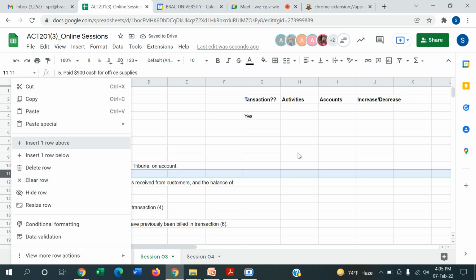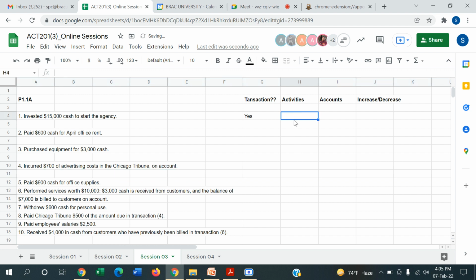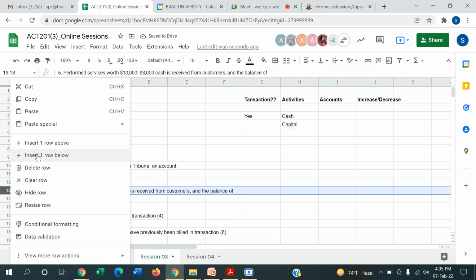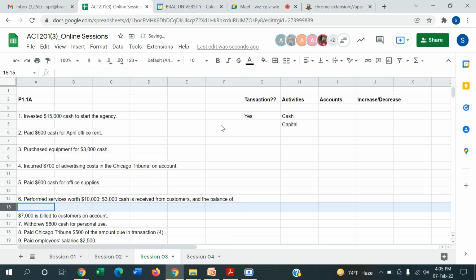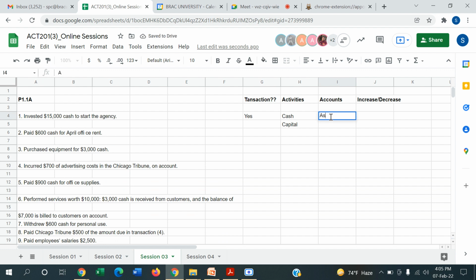Cash and capital. After that, we need to find out what types of accounts these are. Assets and owner's equity. Cash is an asset, and this one is owner's equity.